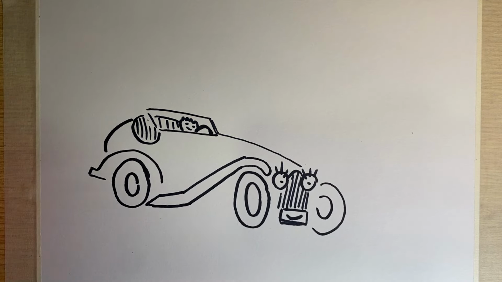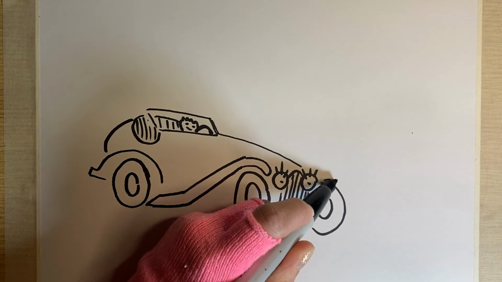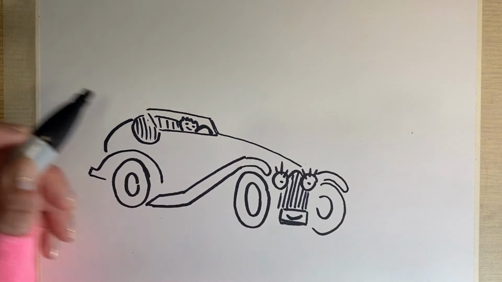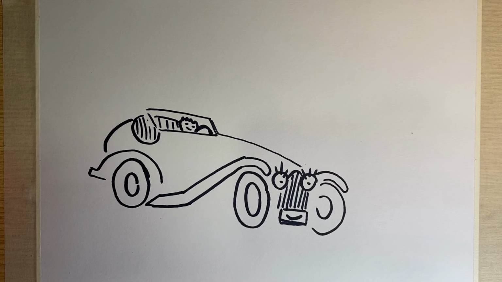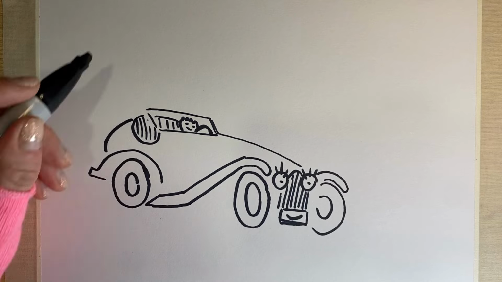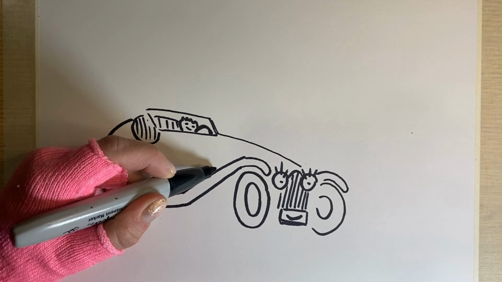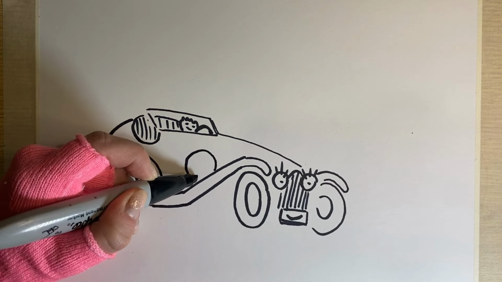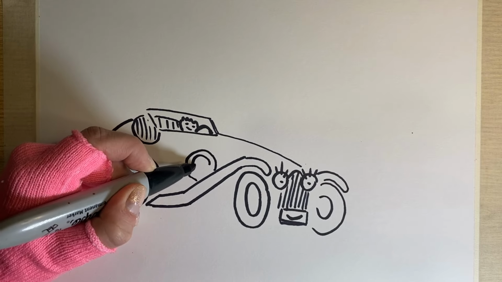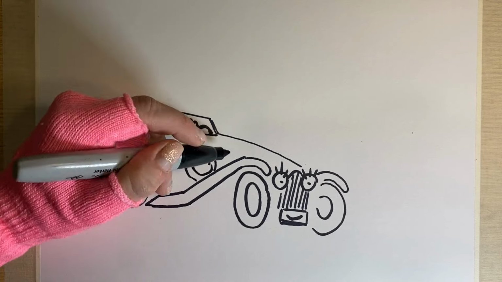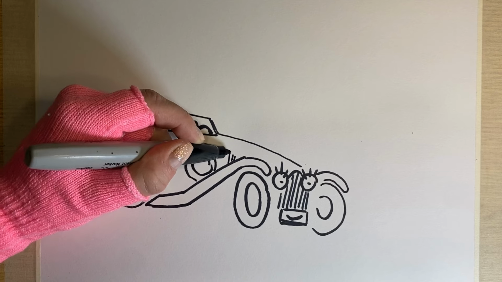Make another raindrop. It's looking nice. Let's make a spare tire and other details too. There's a little circle for me and you. And a little detail and a little detail.